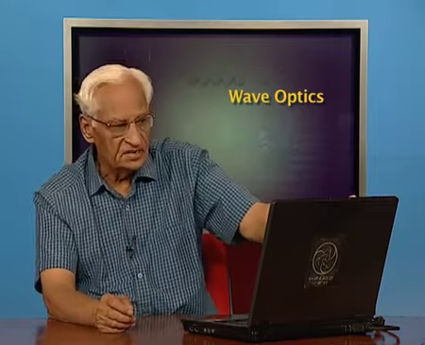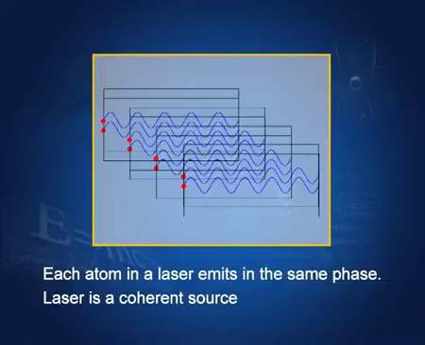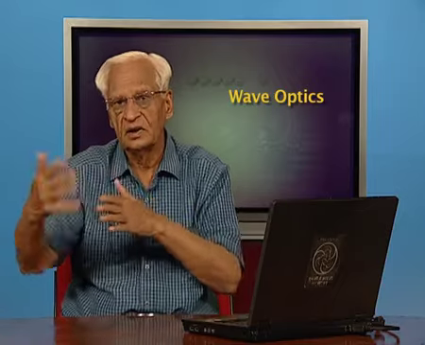Now, you might give an example of a laser light. Laser light is a different thing. In laser light, all these atoms are made to jump from a higher to a lower level simultaneously at the same time, and therefore, all these waves are no longer independent.